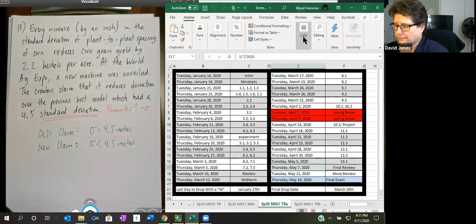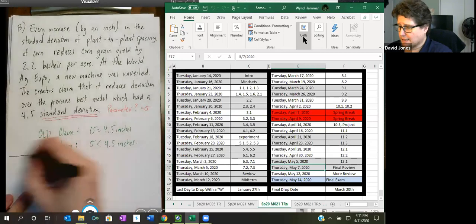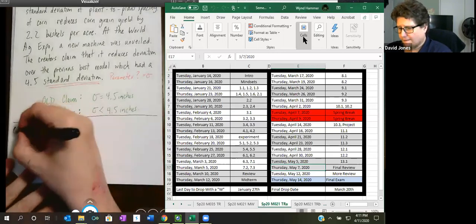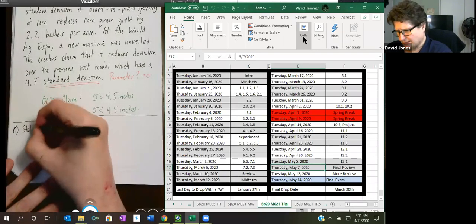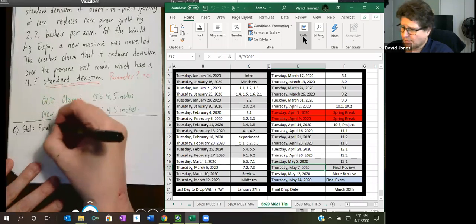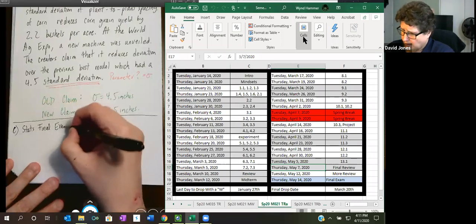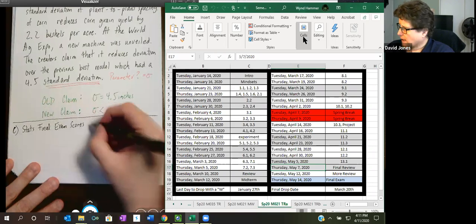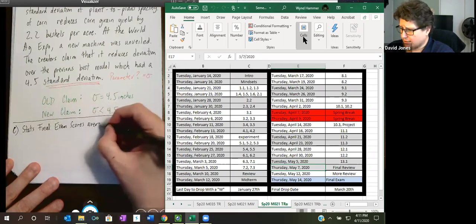All right. Category C, final stats, final exam scores. Average 73%.